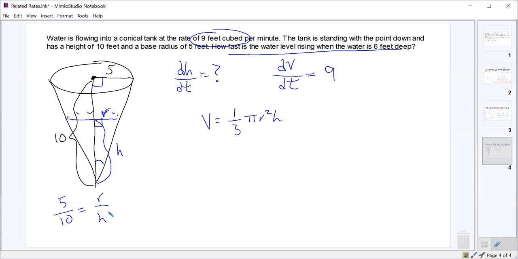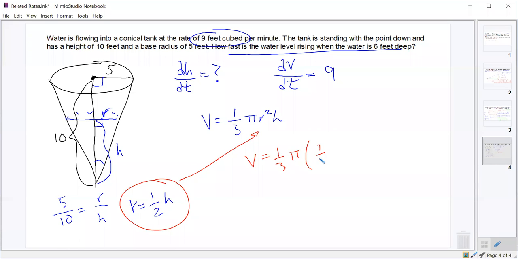And if we were to solve for r, we would get r is equal to 1/2 h. And we should then be able to take that, plug it in, and get volume equals 1/3 pi times 1/2 h squared times h. Or simplified down, volume is 1/12 pi h cubed. Good or no?